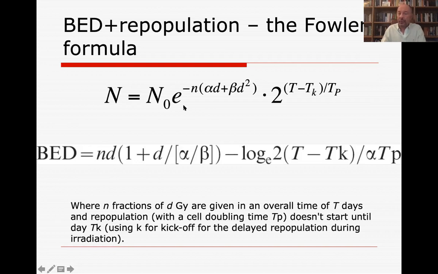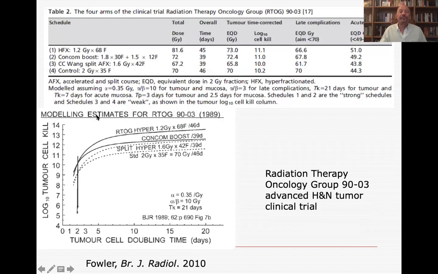So if you use this formula, you can calculate the BED. The BED comes like this one, which is the Barendsen formula, minus the natural logarithm of 2 times t minus Tk divided by alpha Tp. So this is now the Fowler formula that gives you the BED including repopulation.